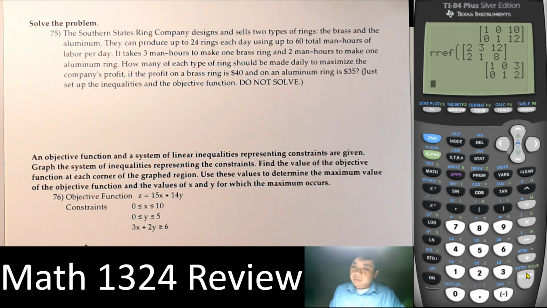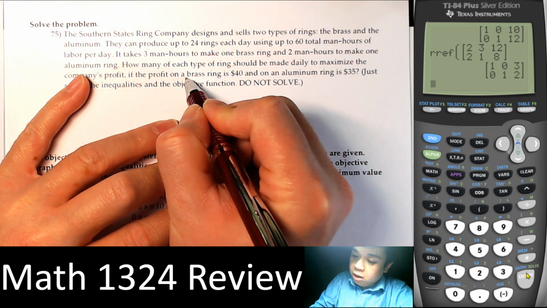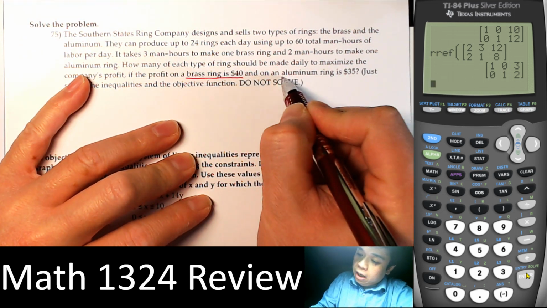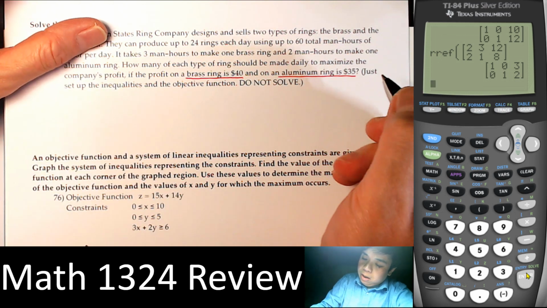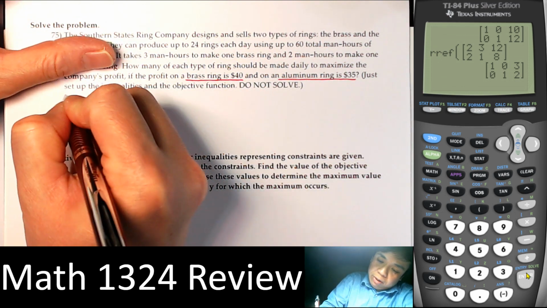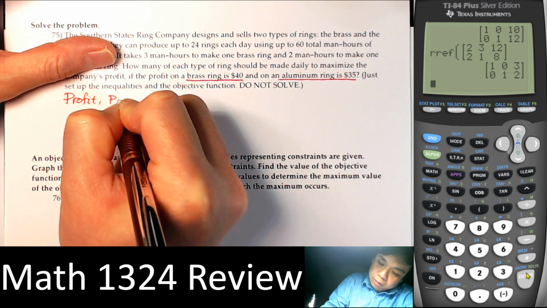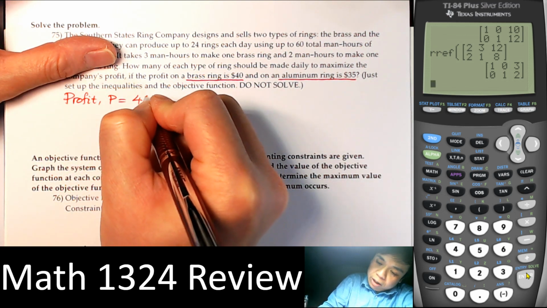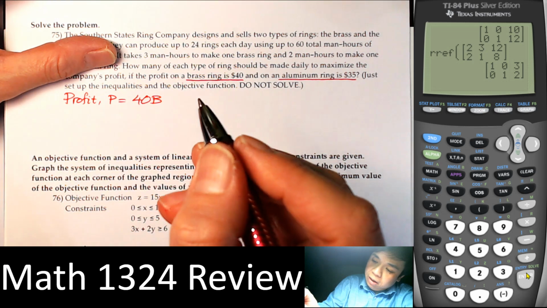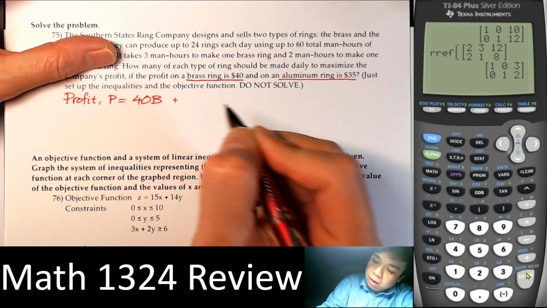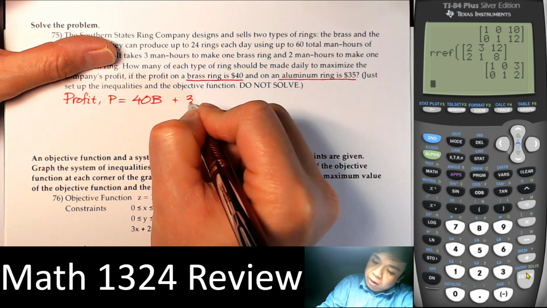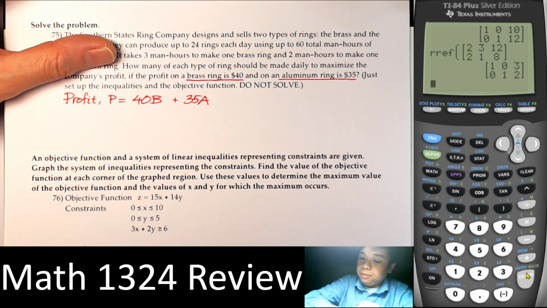The profit is $40 for each brass and $35 for each aluminum.